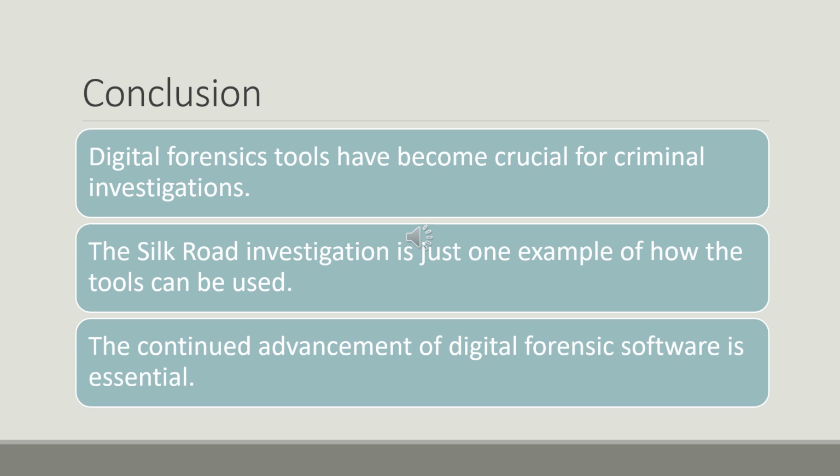In conclusion, we've seen that digital forensics tools have become crucial for criminal investigations. Although digital forensic evidence was key for convicting Ross Ulbricht, the Silk Road investigation is just one example of many of how these software tools can be used to assist in investigations.